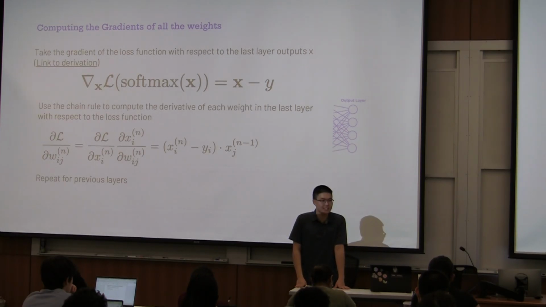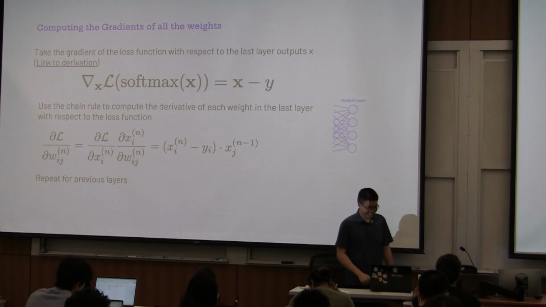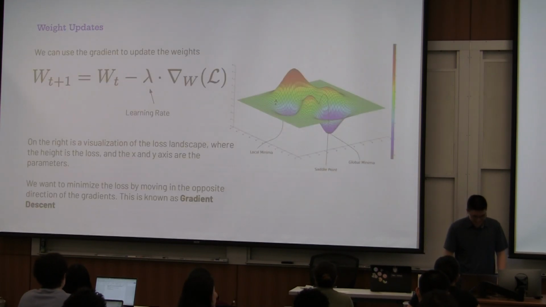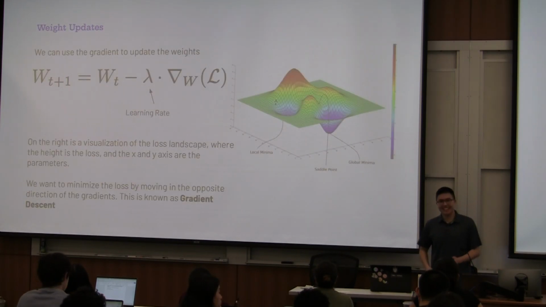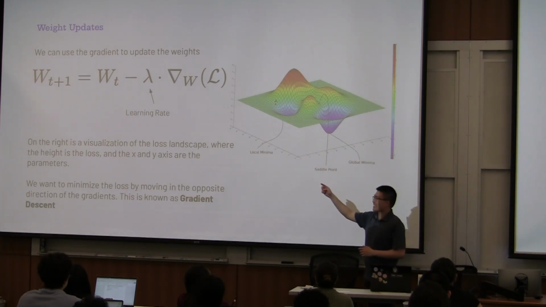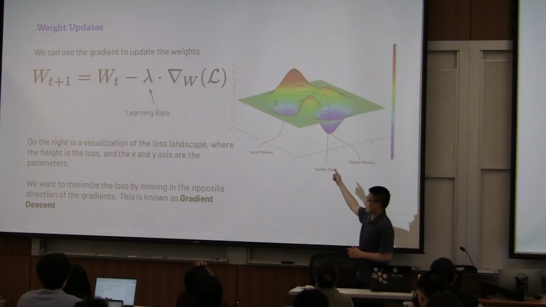Any other questions or confusions? We're good? Awesome. So now why do we want to use this, right? Well, we can update our weights using the gradients. The new weight equals the old weight plus the learning rate multiplied by the gradient, right?